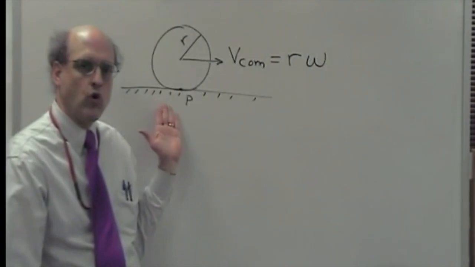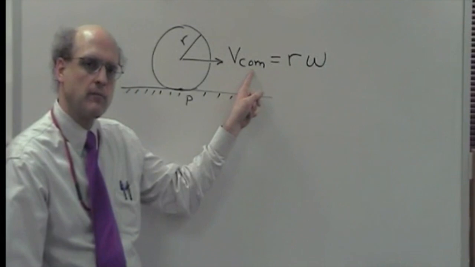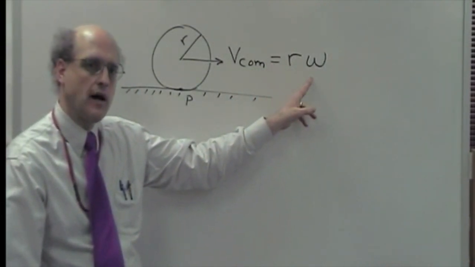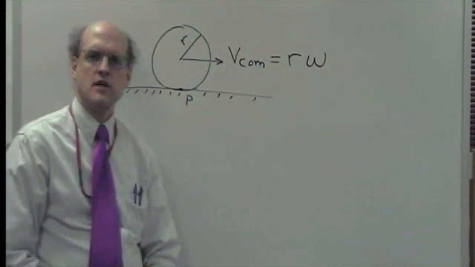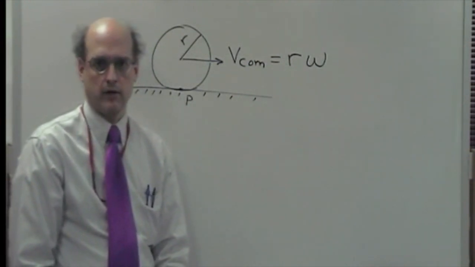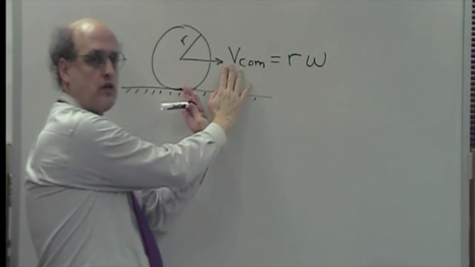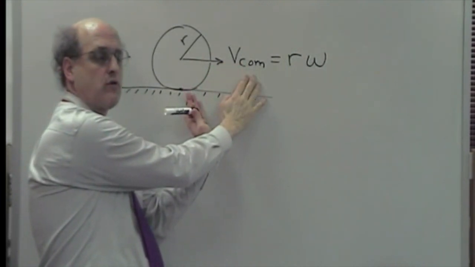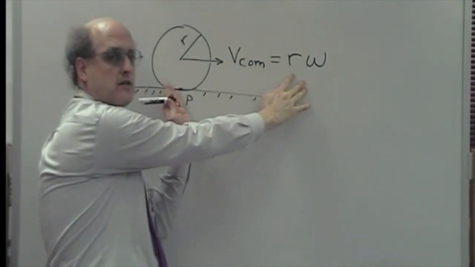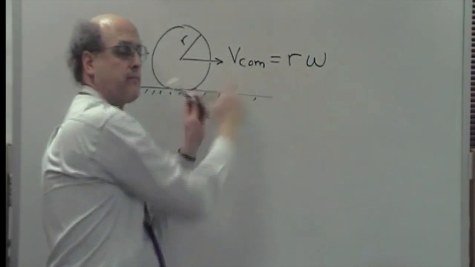If a wheel is rolling without slipping, we saw that the velocity of the center of mass was equal to the radius of the wheel times the angular velocity. Suppose that somehow the wheel is accelerating and at the same time not slipping. Then we can take a look at the change in the velocity of the center of mass with respect to time and set that equal to the radius, which is constant, times the change in the angular velocity with respect to time.